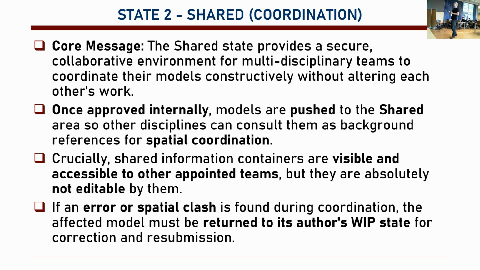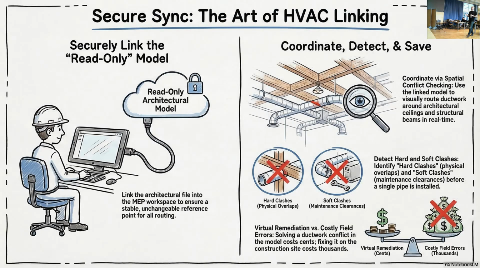Okay, so if there is an error or a spatial clash, then it goes back to the work in progress state. Okay, so the shared model is pulled back to the work in progress. Okay, so then you don't have any more architectural model. So this is the architect's model, the read-only model. This is the MEP engineer.